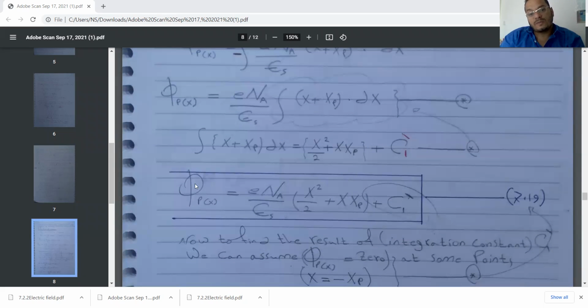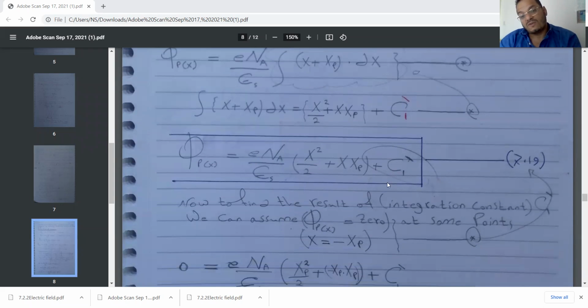Here, the equation of the potential at the P side equals the acceptor concentration divided by the permittivity, between two brackets, x squared divided by 2 plus x times the width in the P region, plus the integration constant.